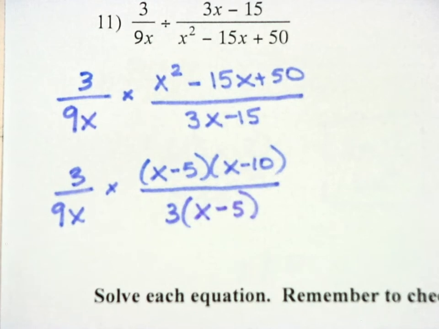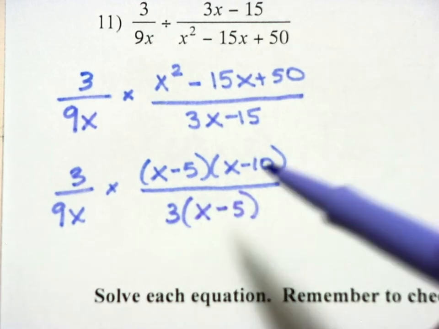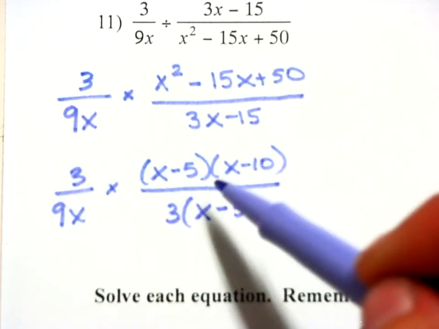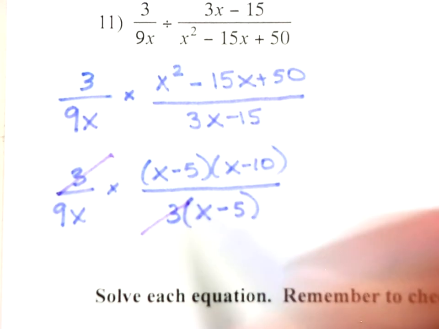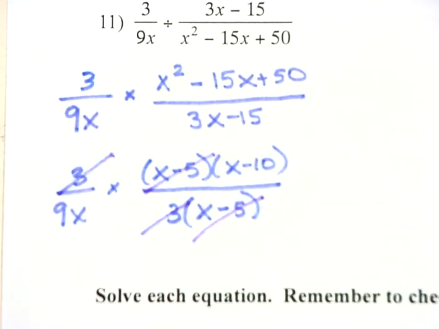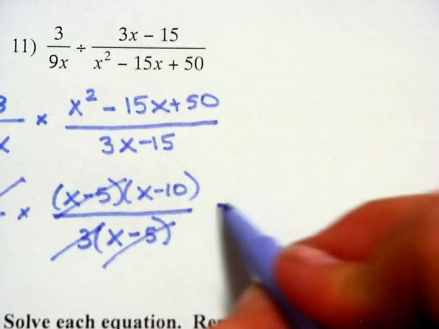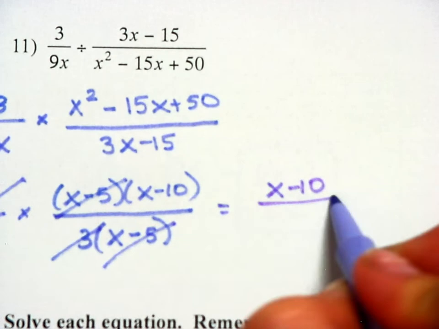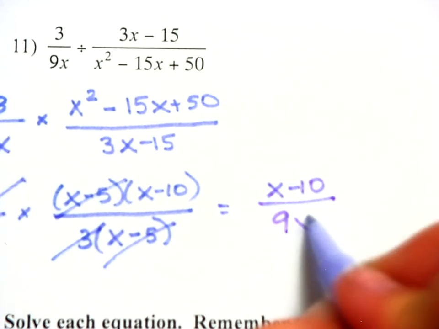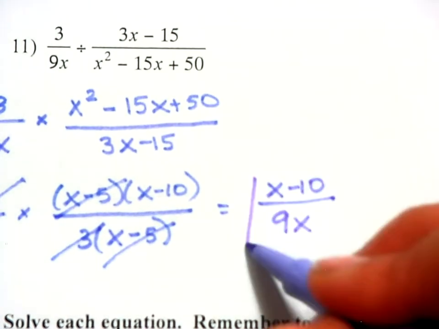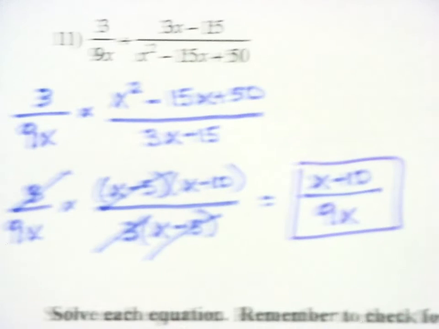Okay, so again, if you see anything in a numerator and a denominator, since this is multiplication, I can cancel. So I've got these 3's and these x minus 5's. All I have left is x minus 10 in the numerator, 9x in the denominator. We are done. Your excluded values are a little more complicated for division.